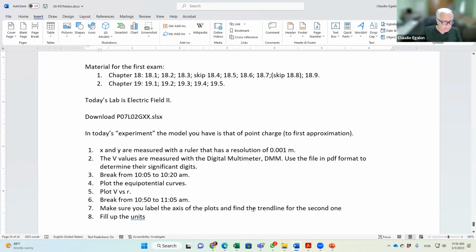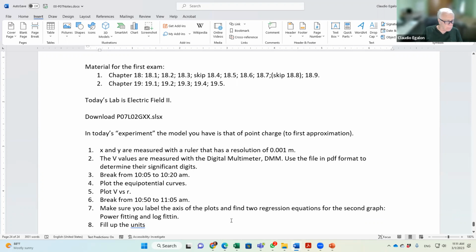And find the, no, not the trend line, find the regression, and find two regression equations for the second graph. That one, and there's going to be a power fitting and log fitting.